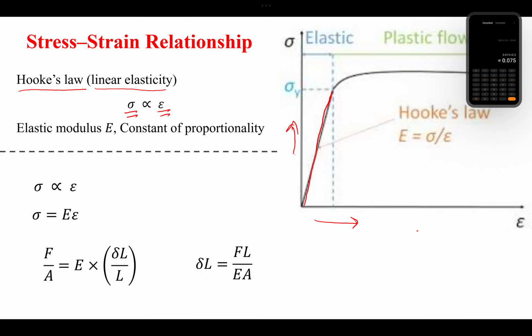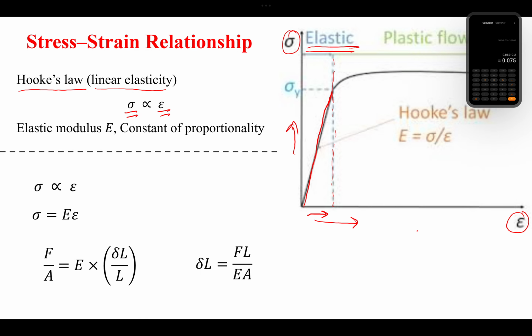So you are applying a stress on a body, you will get some strain, and up to a certain limit, which we call the elastic limit, shown for example by this dotted line here, the response shown by the body will be linear. You keep on increasing the stress, you will get linear strain as a result.